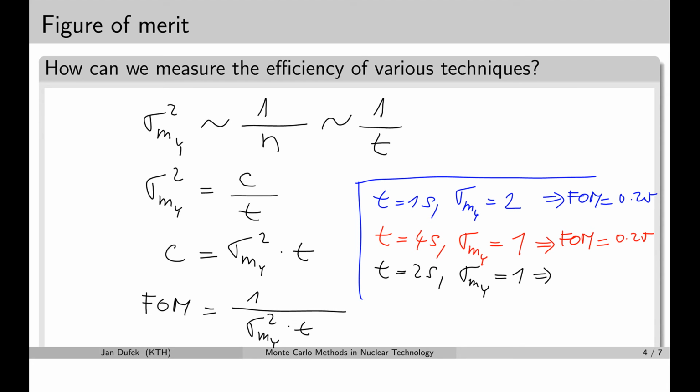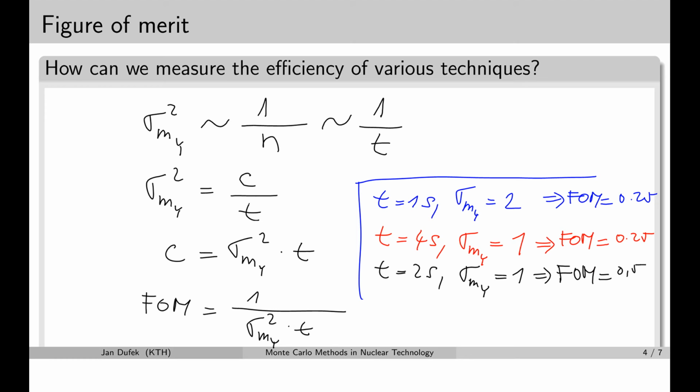So in this case, the figure of merit is increased to 0.5. So the figure of merit has improved. It has been increased twice, and that means the computing efficiency is increased. So that is what we want.